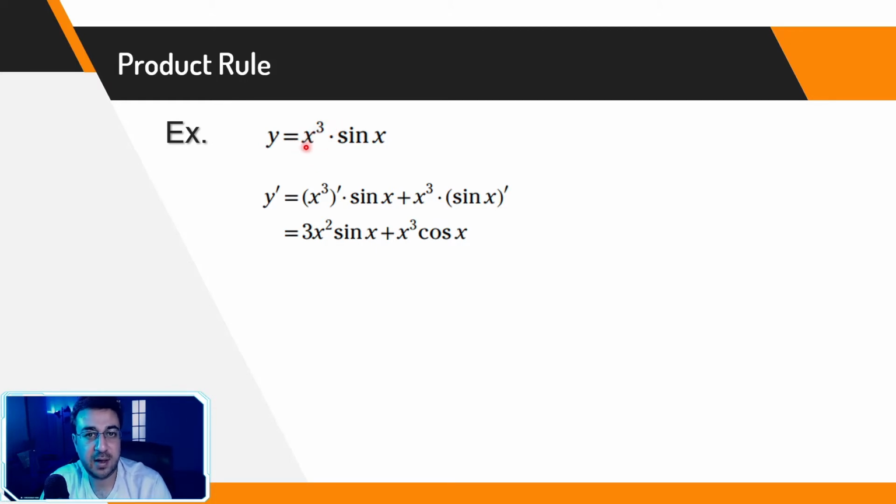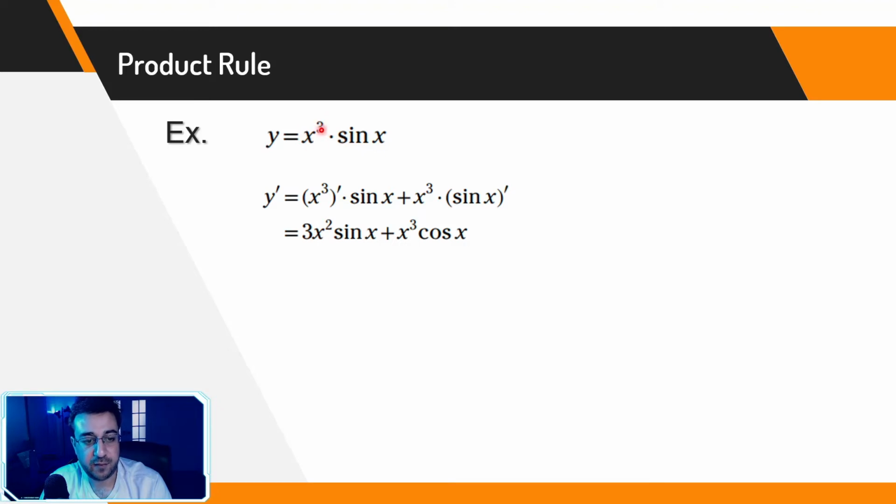It is n multiplied by x to the power of n minus 1. That's 3 multiplied by x to the power of 3 minus 1, which is x squared. 3x squared.